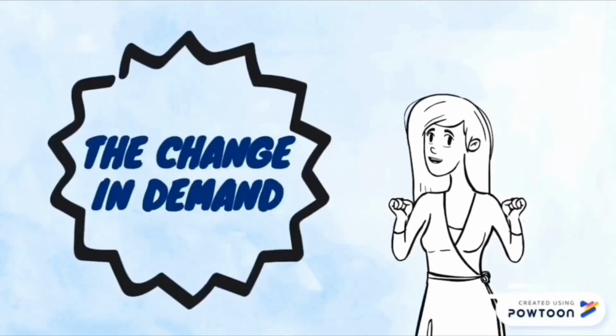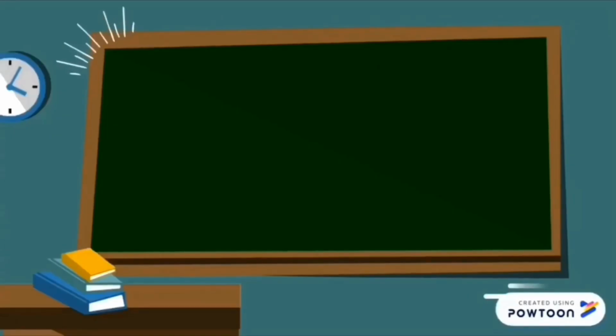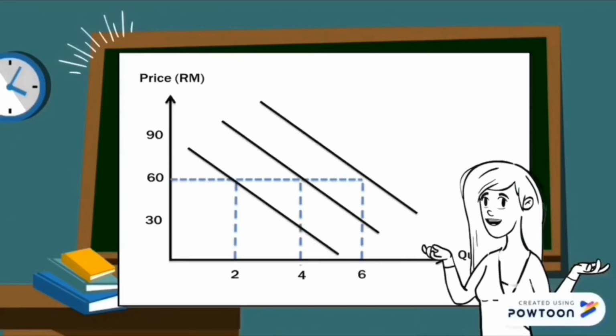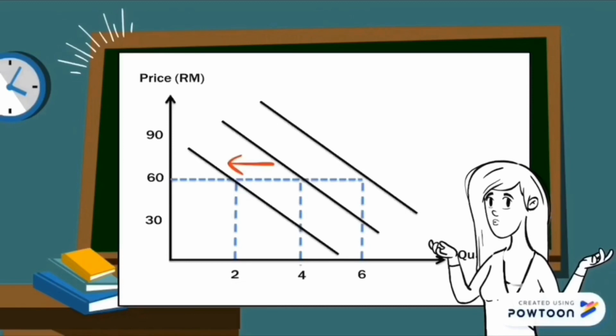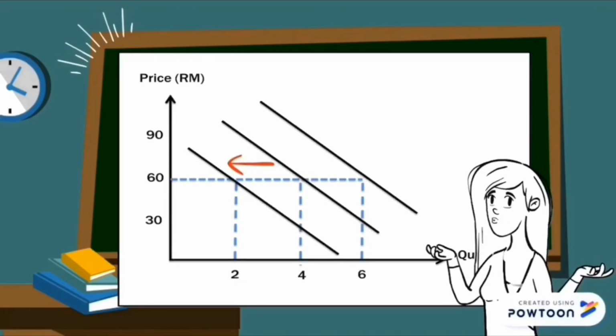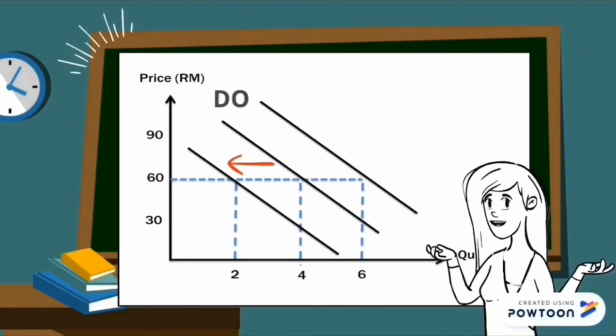The change in demand. Since Raya is over, the price of the clothes will go back to normal, resulting in the curve shifting to the left, from D0 to D1.